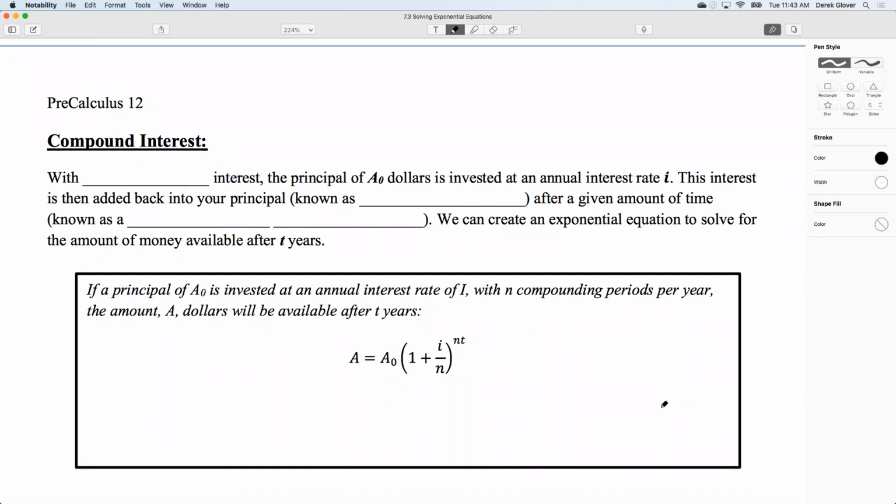So with compound interest, the principal A naught dollars is invested at an annual interest rate of i. This interest is then added back to your principal, which is known as compounding, after a given amount of time, which is called the compounding period.